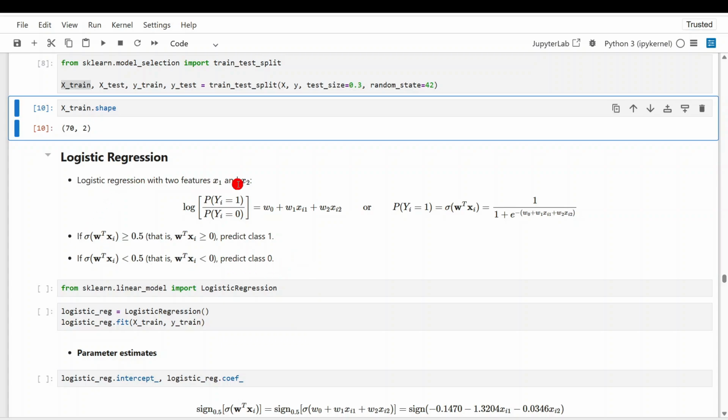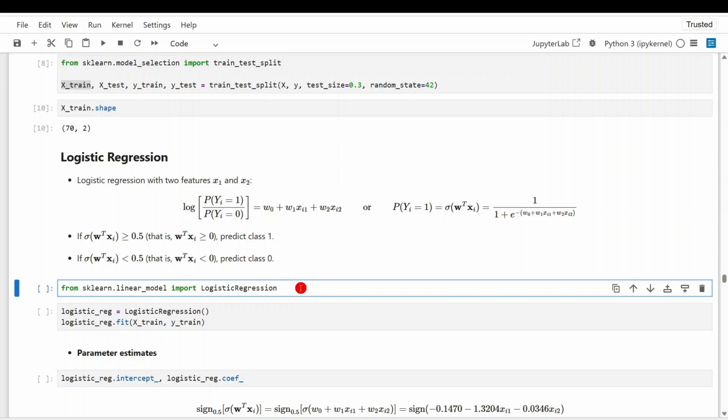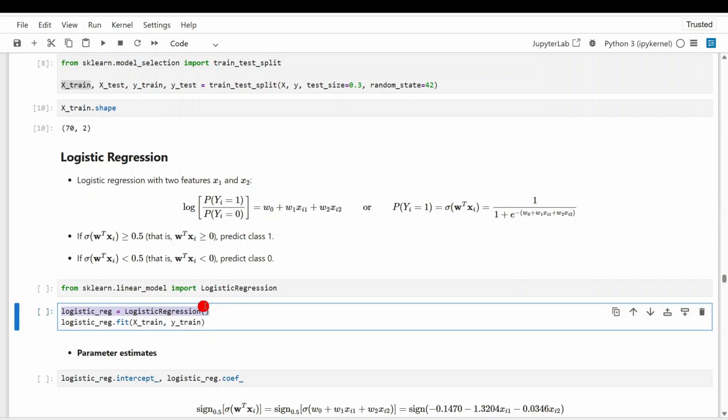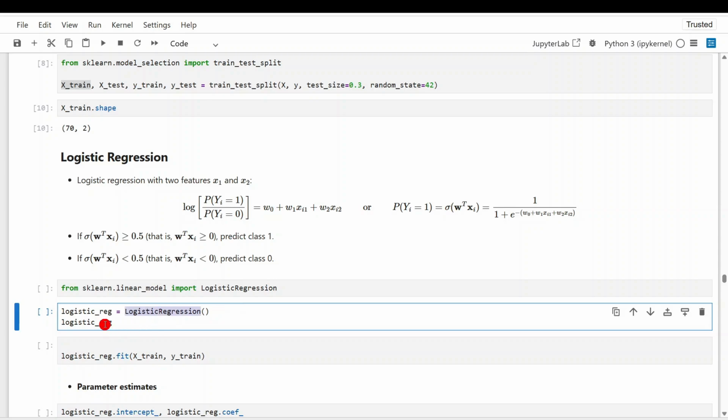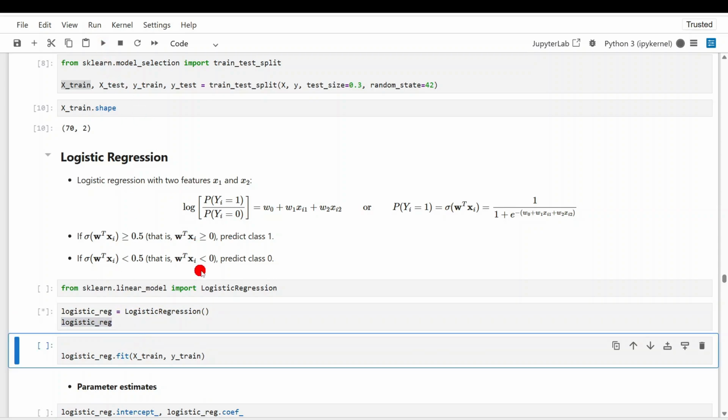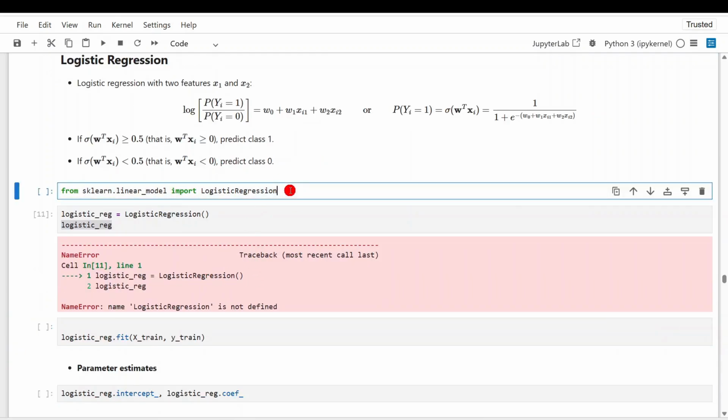So let's fit this logistic regression model. To do so, we need to import the LogisticRegression class from sklearn.linear_model, as we have seen in the previous videos. First we have to instantiate our model of interest, and we assign this instantiated model to the object name, let's say logistic_reg. So I have to import this and run.